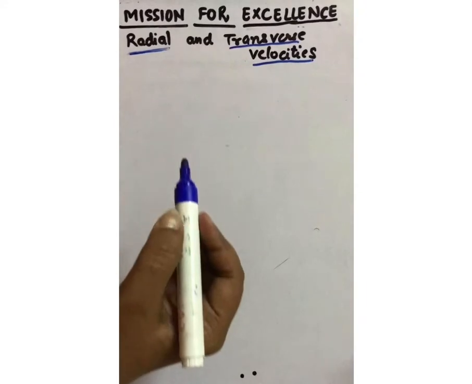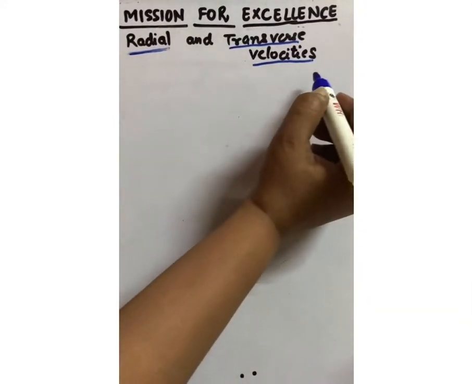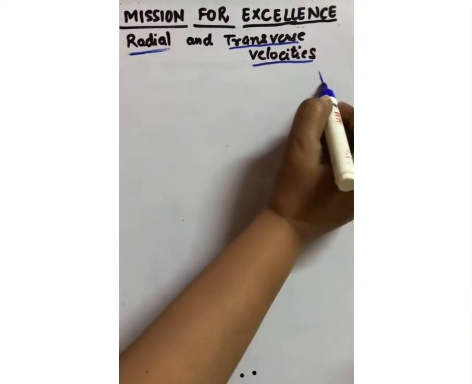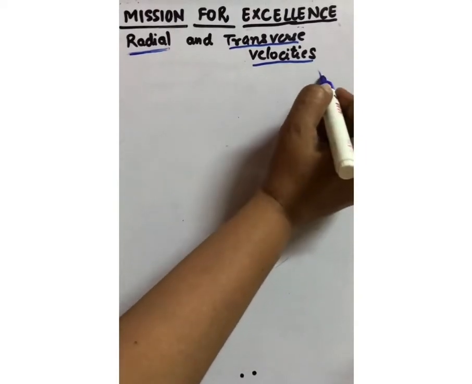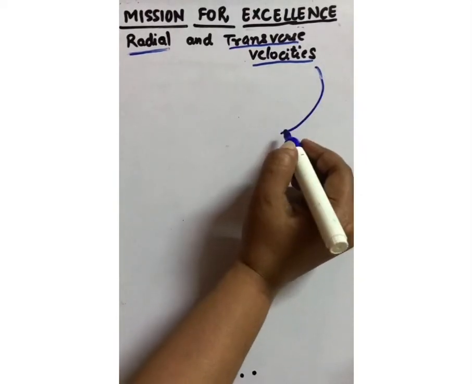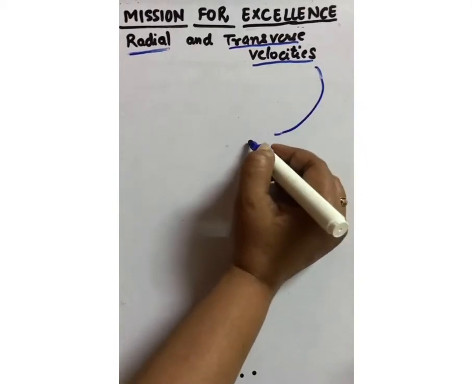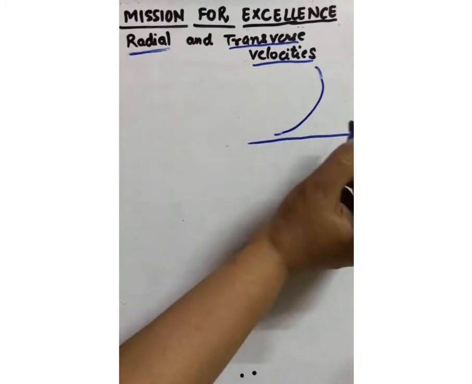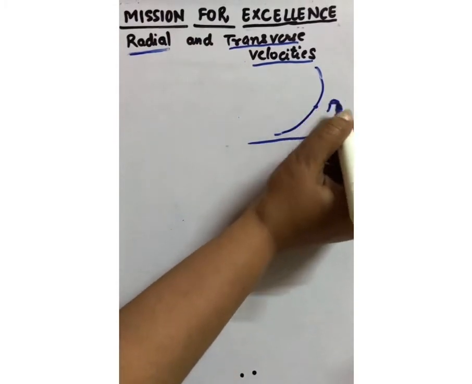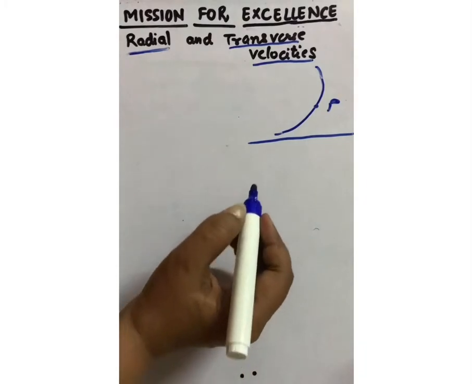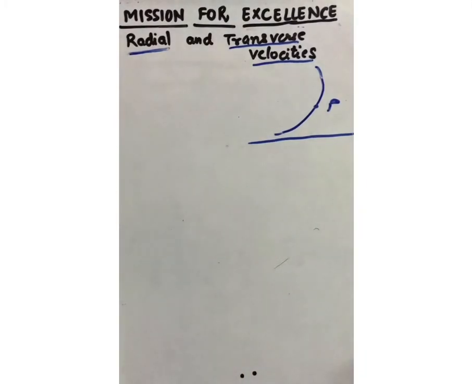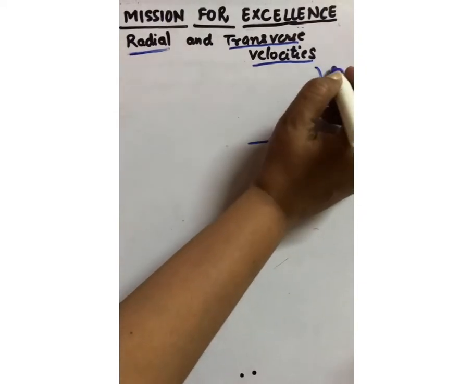So now let us suppose a particle is moving along the curve. This curve, and at time t its position is, suppose, P. As we all know, the velocity is always tangent at the point.